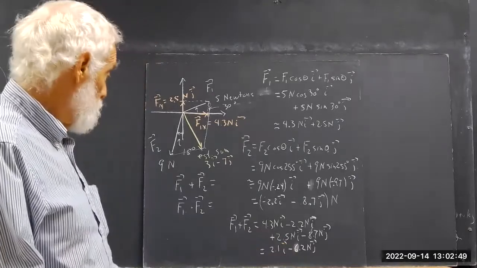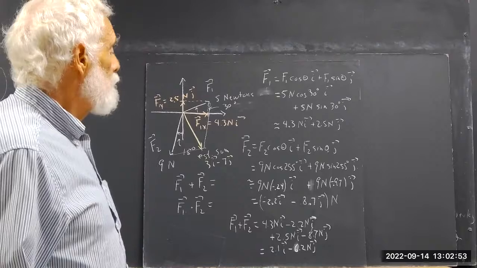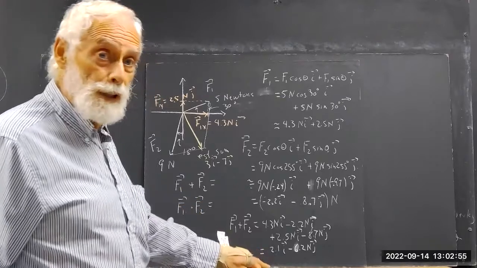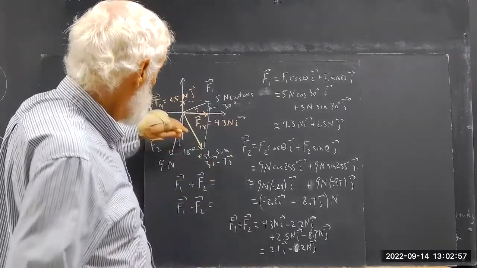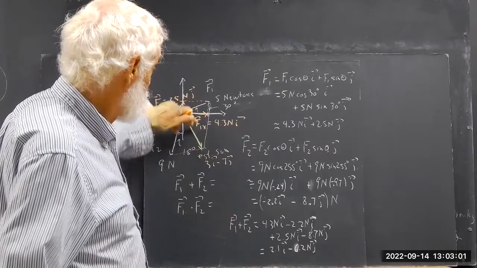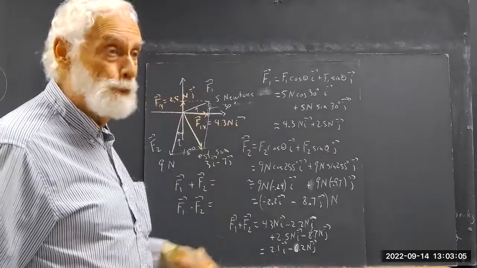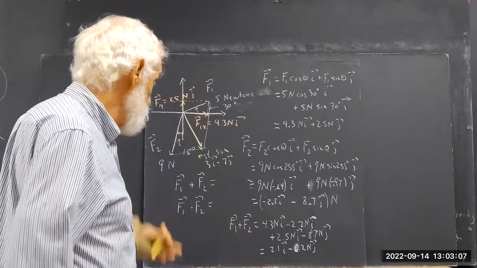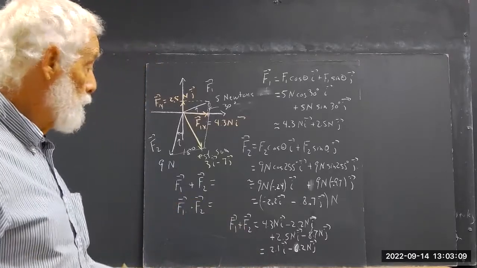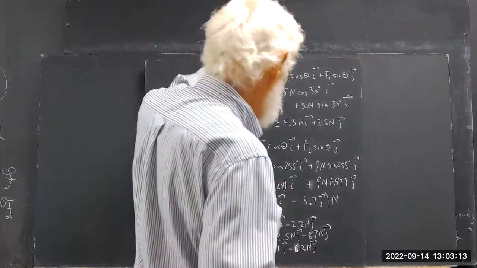Okay, so now my question is, well, let's just go. The next question that immediately arises is what's the angle and magnitude of this vector? How big is it? And what's its direction? Okay, so we'll find that in a minute, but let's go ahead and calculate the dot product. Then we'll come back to get the angle and magnitude.